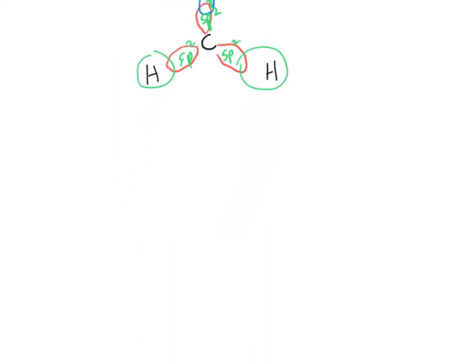Okay, so for carbon, the valence shell has 4 electrons. And because we need that unhybridized p, put it there.